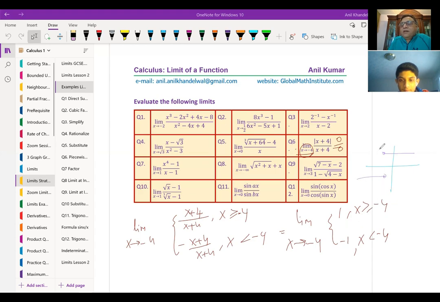Now we are including minus 4 in the right side portion. So at minus 4, there is a jump discontinuity, and clearly the limit does not exist. Very important. So that part is clear to us.